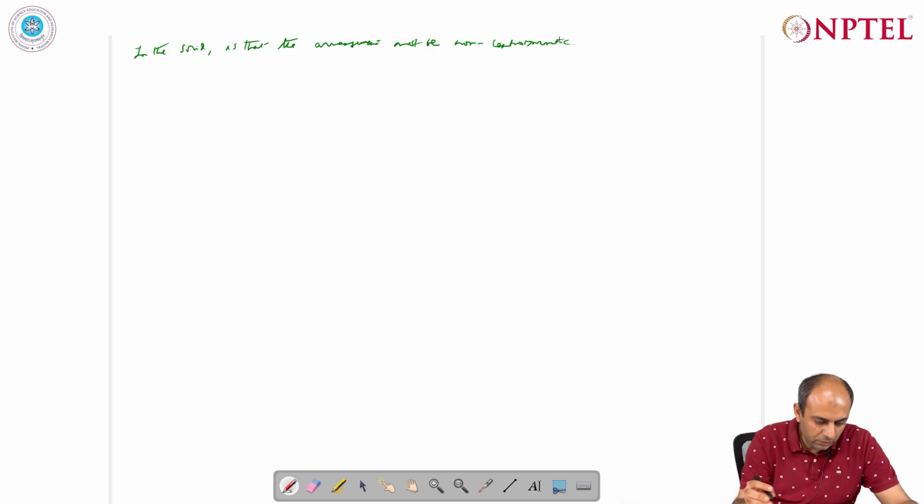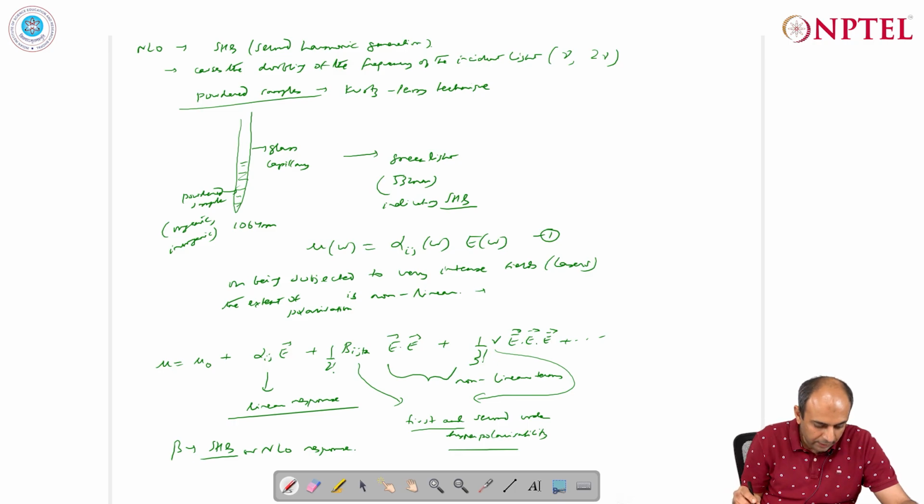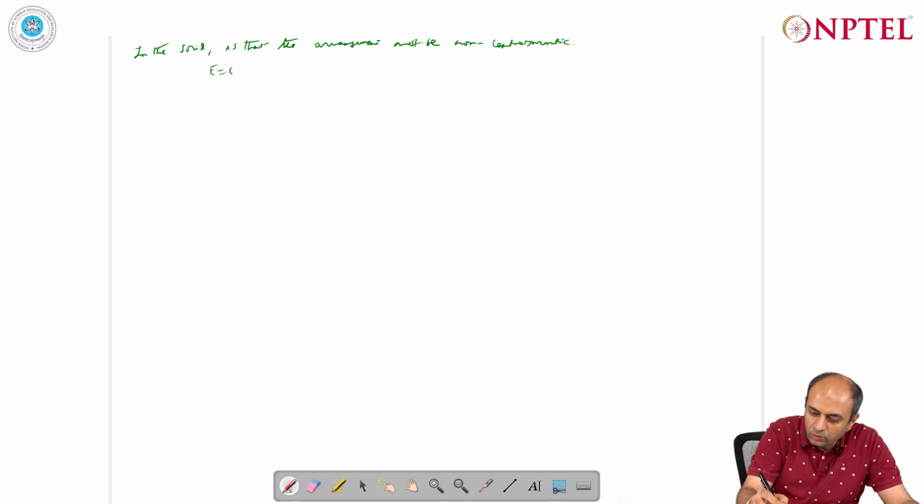Now going back to the previous term, you can see that we can write E is equal to E0 cos omega t.